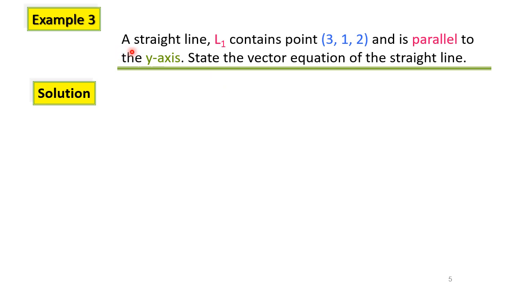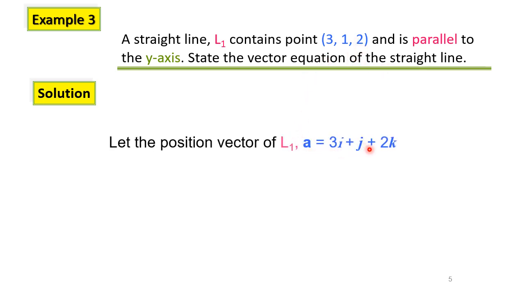Next, example 3. A straight line L1 contains a point and is parallel to the y-axis. State the vector equation of the straight line. From the point, we get a, that is 3i + j + 2k. Then, parallel to the y-axis. What does parallel to the y-axis mean? What is the value of v? Since it is parallel to the y-axis, you only have j. The y-axis is associated with j, so the value of j is 1, and no i and k.